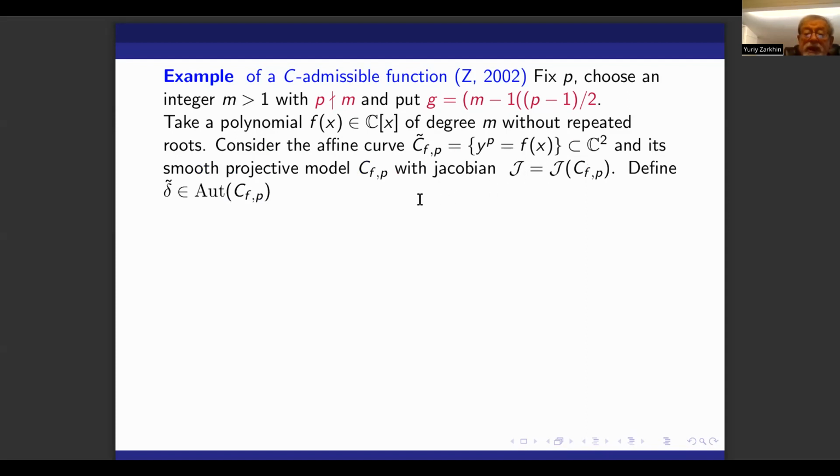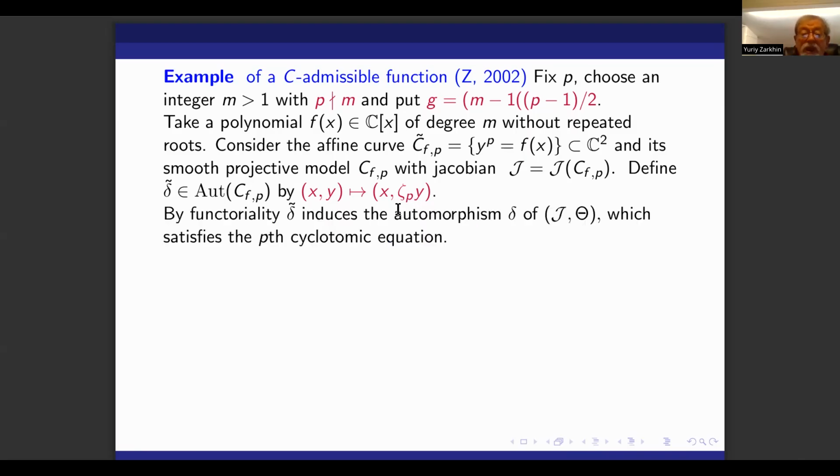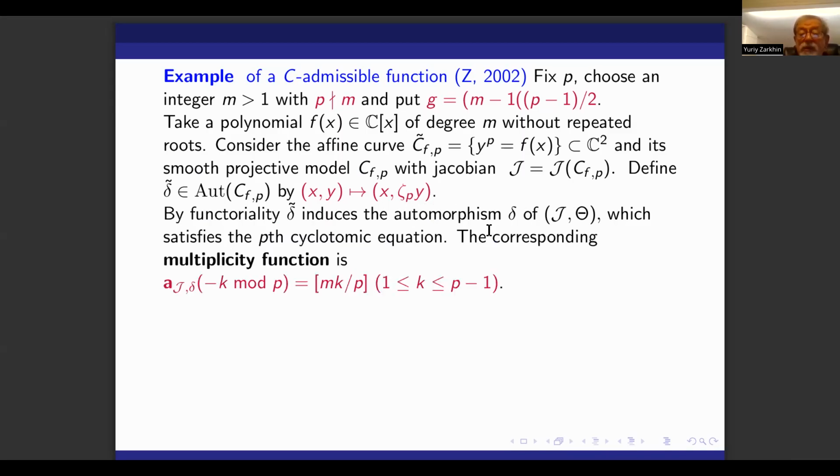Define an automorphism delta tilde of C by, well, we have a formula for C tilde: x and y are rational functions on this curve, and the formula is (x, y) goes to (x, zeta_p y), so x remains unchanged while y is multiplied by our primitive p-th root of unity. By functoriality, delta tilde induces the automorphism delta of (J, theta), which satisfies the p-th cyclotomic equation.